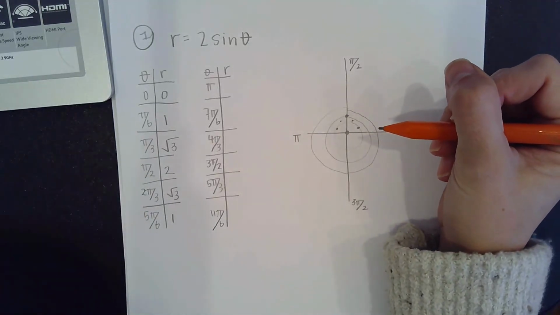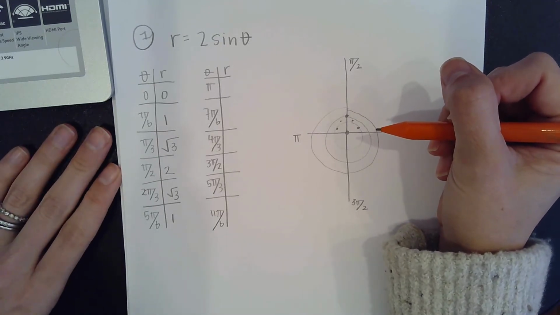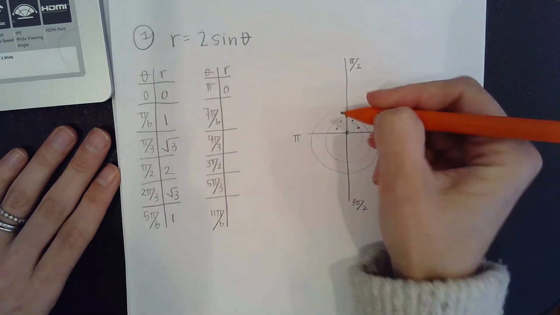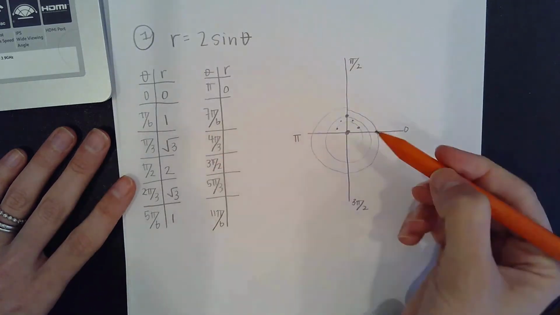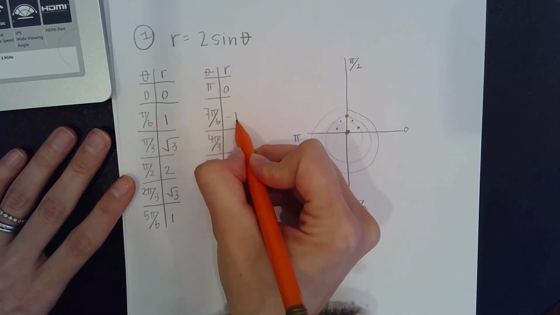So at pi, we'll be at 0, right? So at pi, we'll be back down here at 0. At 7 pi over 6, I'm going to be at -1.